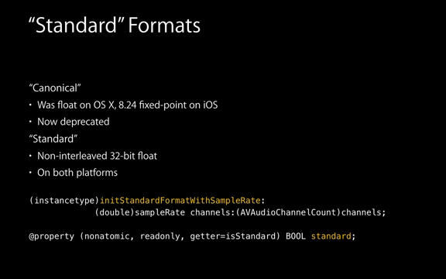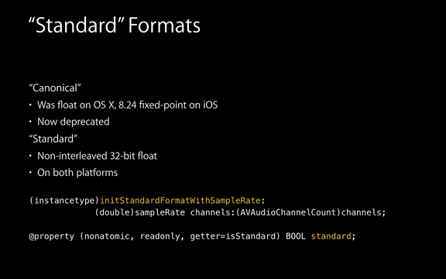So in the past, we've had this concept of canonical formats. And this concept goes back to about 2002 in macOS 10.0 or 10.1 or so. So this format was floating point, 32-bit, de-interleaved. But then we got along to iOS, and we couldn't really recommend using float everywhere because we didn't have the greatest floating point performance initially.